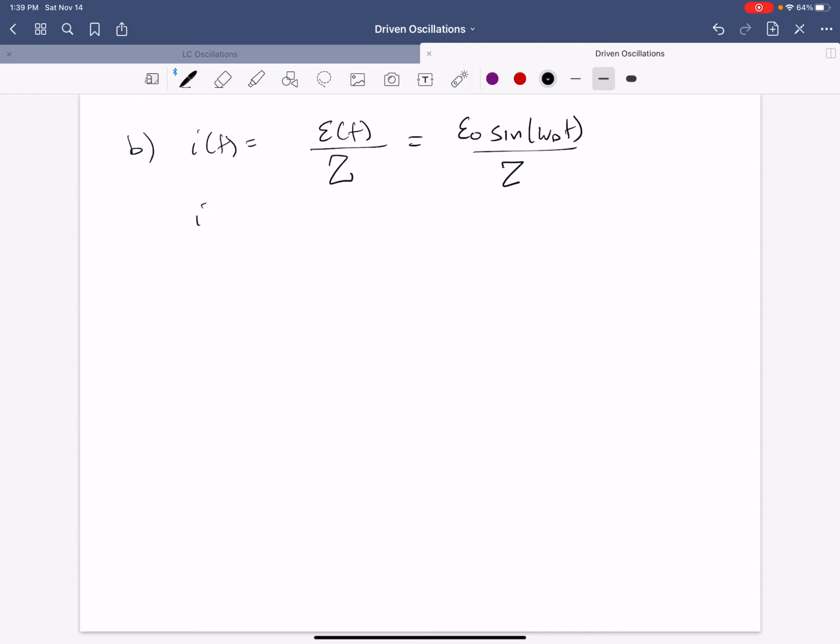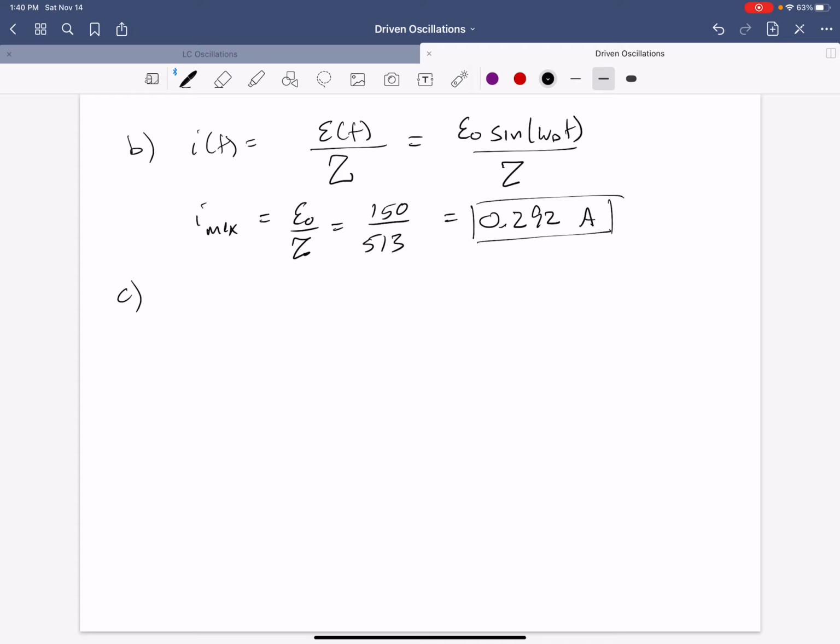So just the max current is E naught over Z, which is 150 over that 513. This should give us a value of 0.292. And the units of current, the SI units, are always amps.